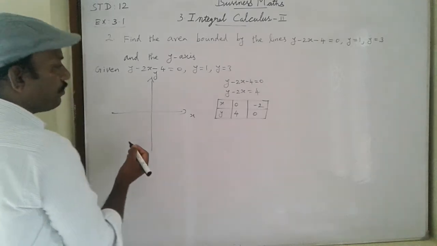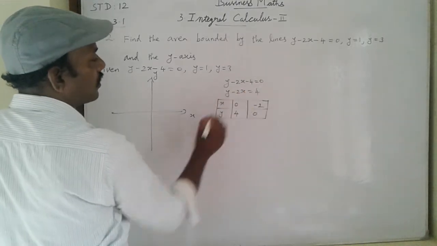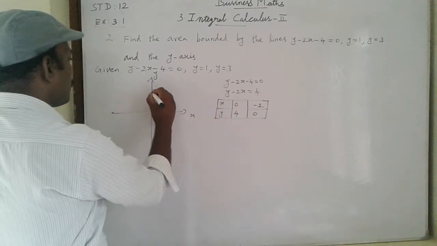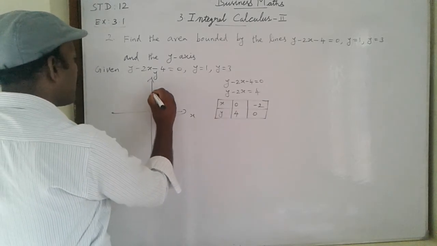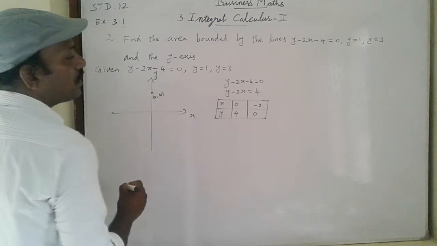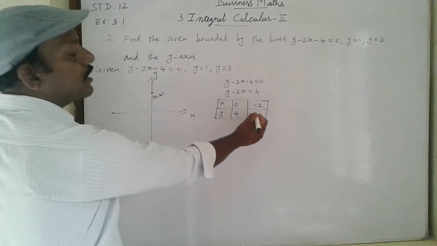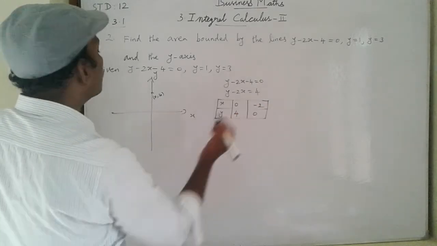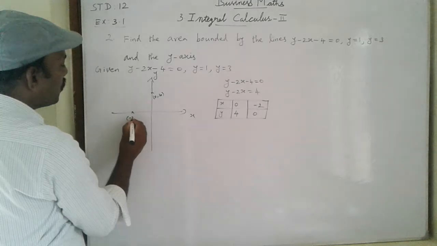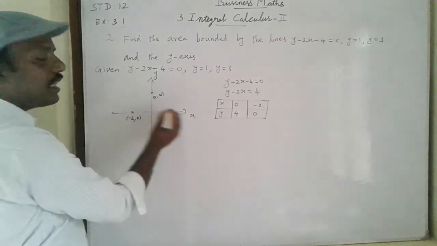So draw a line. This is a straight line. First we plot 0, 4. This point is on the y axis, x value 0. Next minus 2, 0. We take minus 2 here, y value is 0, on the x axis.